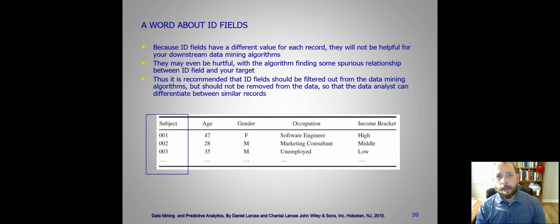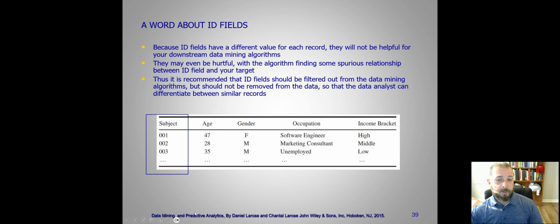And then finally, a little bit about ID fields. These are oftentimes not beneficial or helpful in any kind of downstream data mining algorithms. So oftentimes we remove these from our analysis. You're going to see these come out of databases. We've talked a lot about ID fields when we talked about databases.